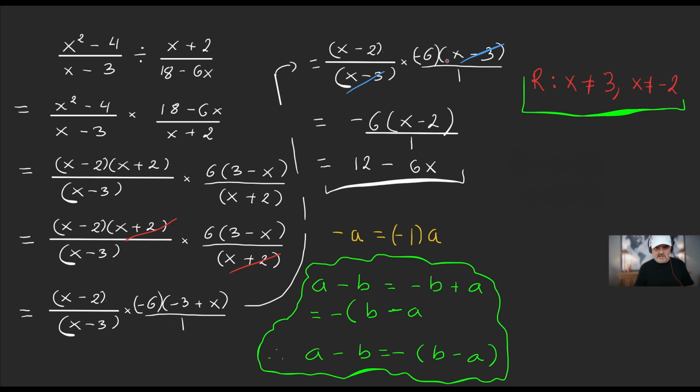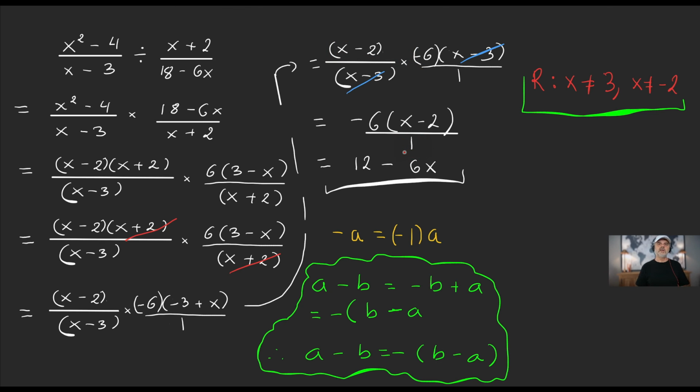So x minus 3 and x minus 3 from the bottom are now recognized as a common factor, and boom, you cancel them. Now you have a simplified version of the question, which shows negative 6 times x minus 2, because we are left with this part and that part on top, over 1.